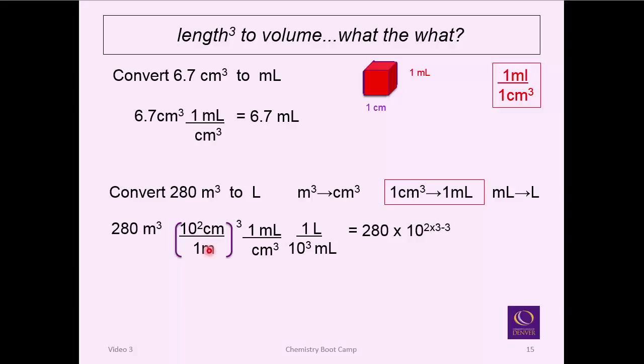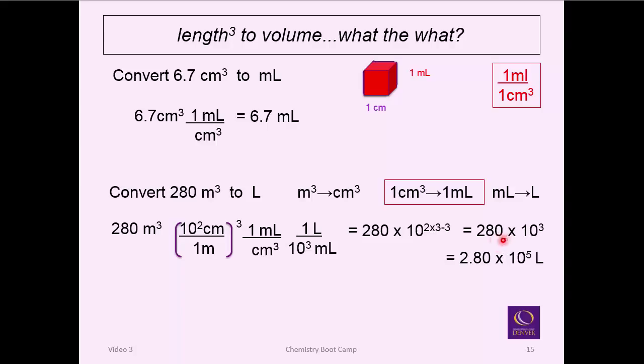But I just focus on the numbers. 280 times 10 squared, which you raise to the third power, is just multiplied by 3. That's where that comes in. And then this is on the bottom. It's a denominator, so I subtract 3 instead of dividing by 3, right? Remember with exponents. So I can quickly jump up and calculate that's 280 times 10 to the third.